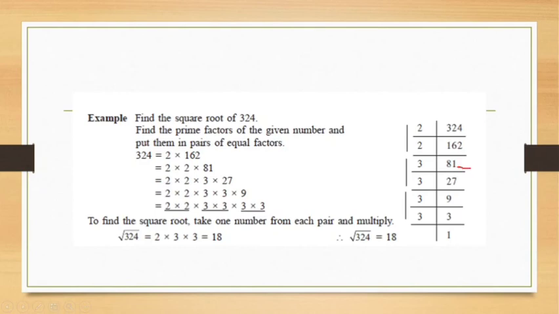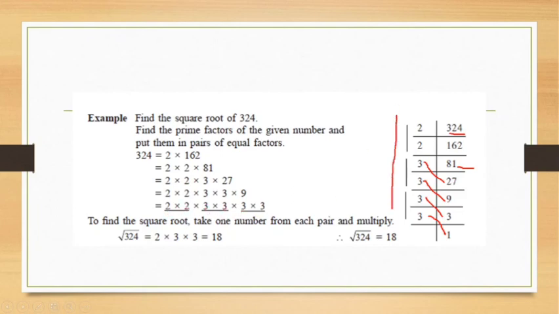Now 81 is an odd number and it is divisible by 3. So 3 into which number gives you 81? 3 into 27 gives you 81. Again 3 9s are 27, 3 3s are 9 and 3 1s are 3. Therefore 324 is equal to 2 into 2 into 3 into 3 into 3 into 3.